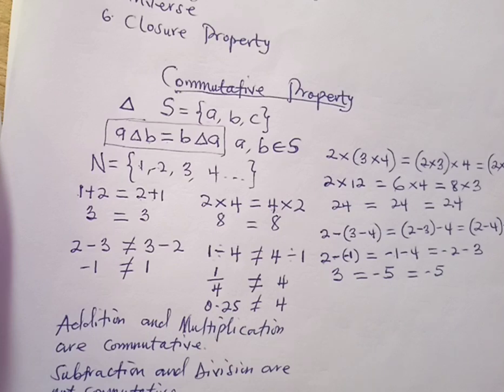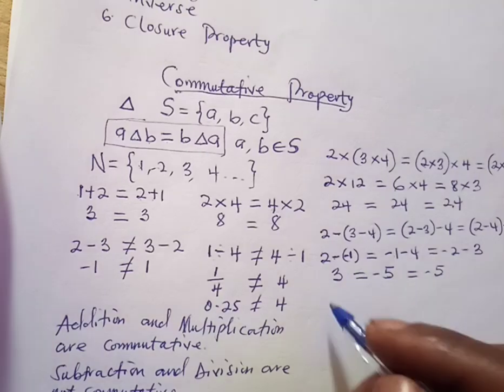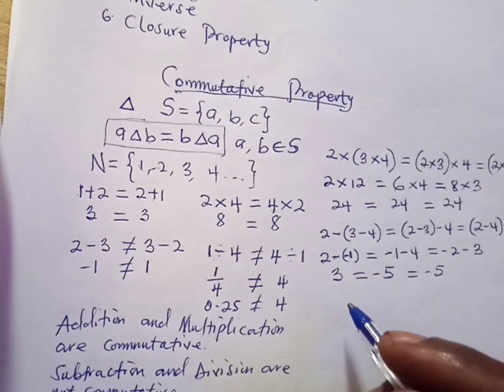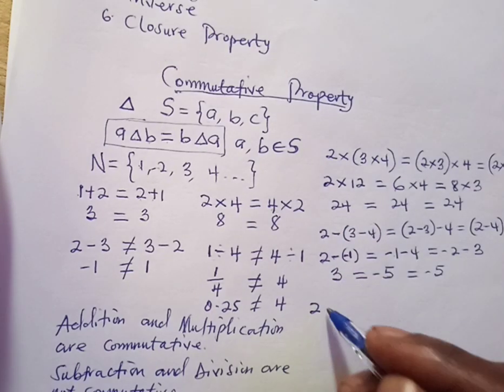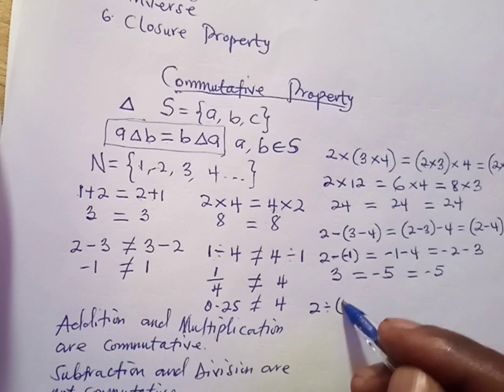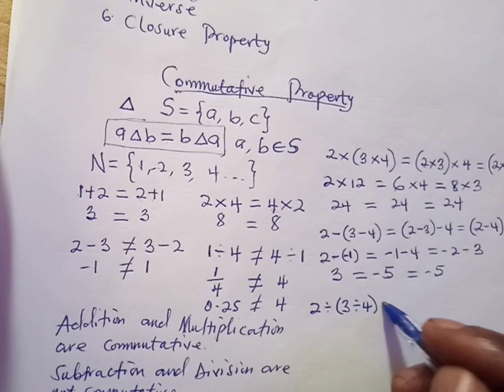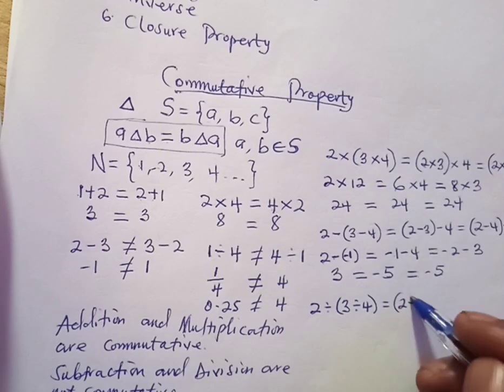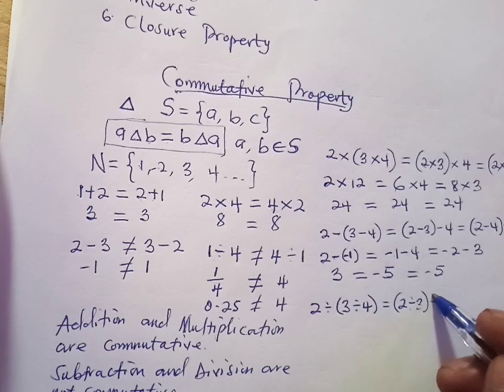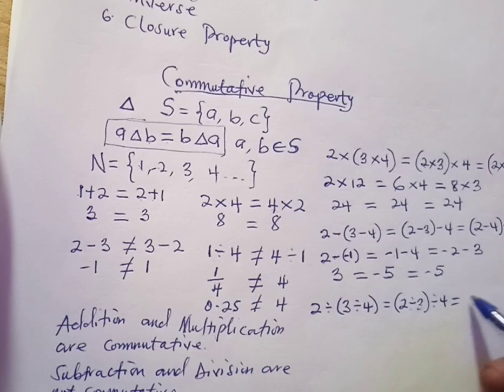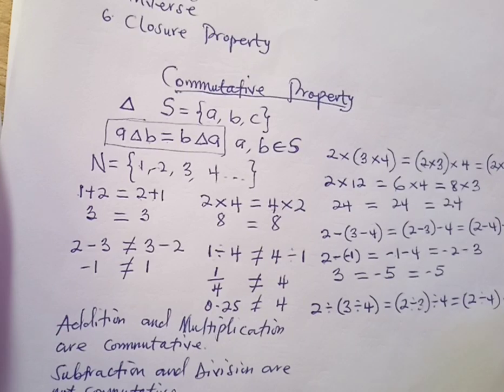All right? Subtraction is not also what? Associative. Now let's try division as well. We are using the same numbers. So we have 2 divided by 3 divided by 4, which is equal to 2 divided by 3 divided by 4, also equal to 2 divided by 4 divided by 3.